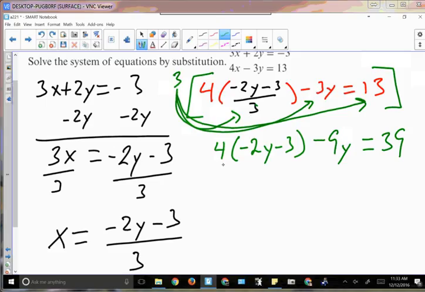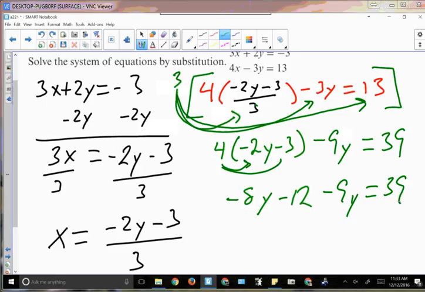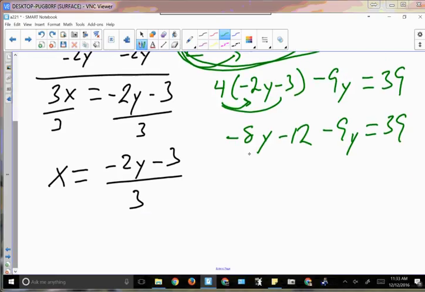So I got distributive property here, so that's going to give me negative 8y over here minus 12. Okay. Minus 9y is equal to 39. Okay. Add like terms. I got like terms here, like terms over there.